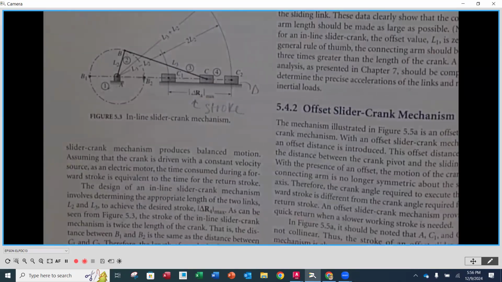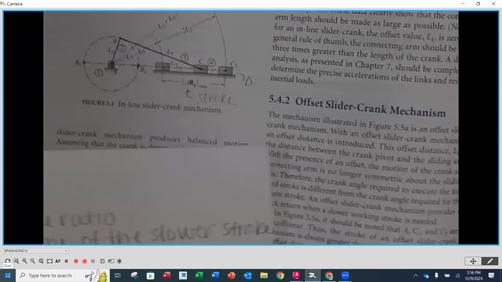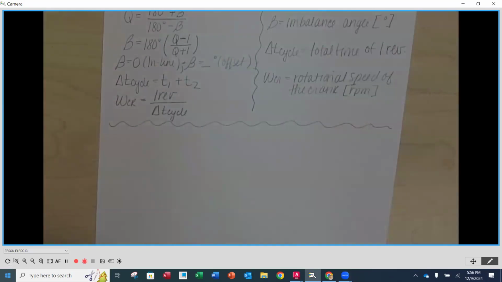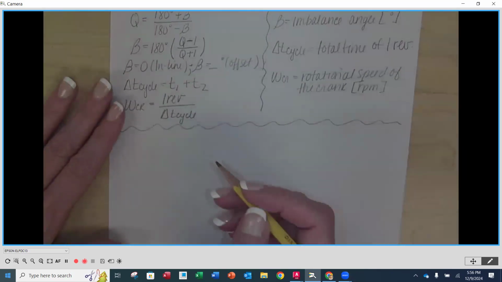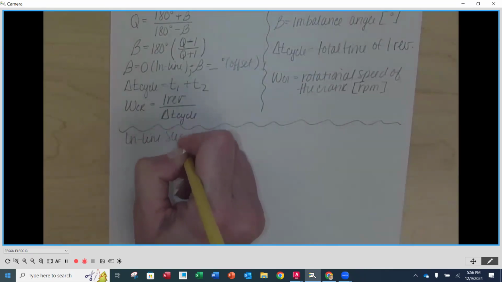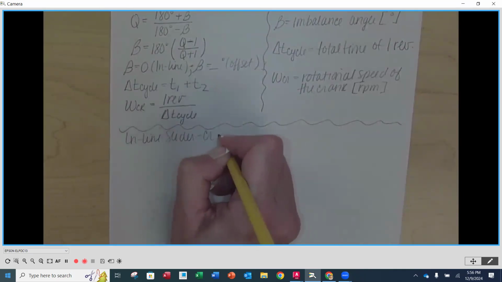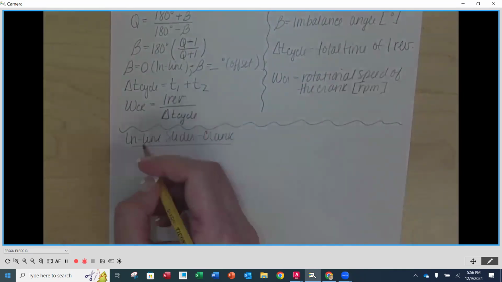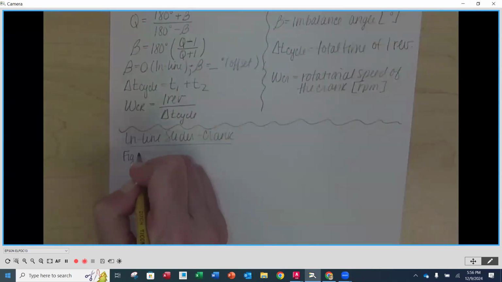On our equation sheet, this is only for inline. So we're going to create a little section here for the relationships for an inline slider crank, referring to figure 5.3.